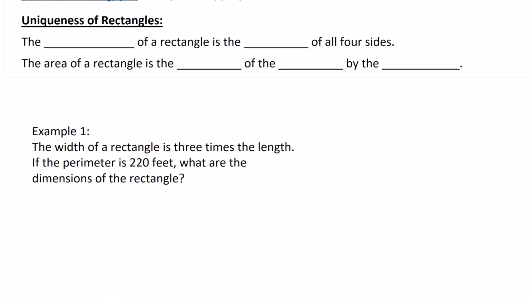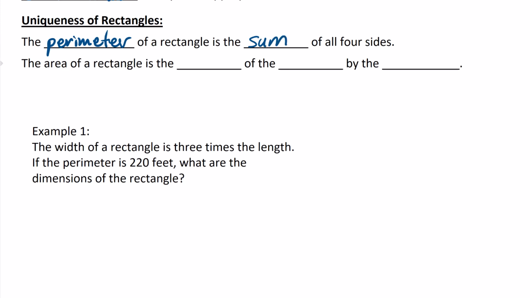So in our scenario, we're going to look at the uniqueness of a rectangle. There are two parts that are very common related to rectangles. The first is the perimeter. The perimeter of a rectangle is the sum, or adding up, all four sides.